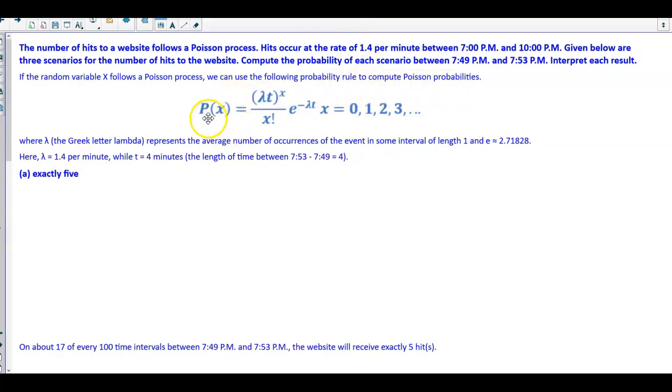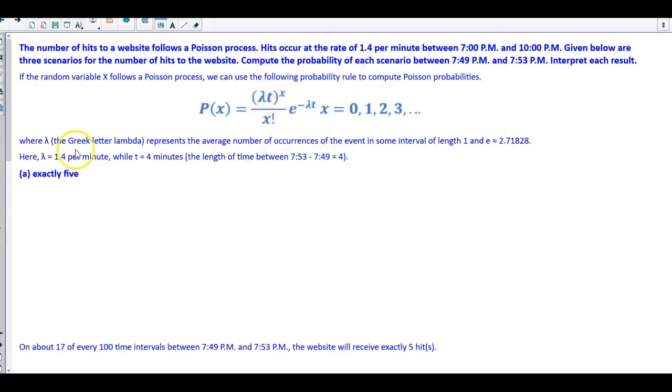We have the following formula: P of x is equal to (lambda times t) to the power of x over x factorial, times e to the power of negative lambda times t, where x can be equal to 0, 1, 2, 3, and so on, where lambda represents the average number of occurrences of the event, meaning the mean, in some interval of length 1, and the value of e is approximately 2.71828. Now, t represents the particular time that we're dealing with.